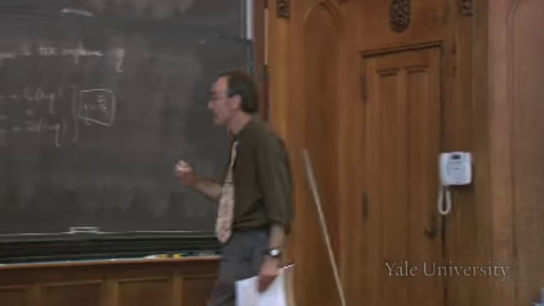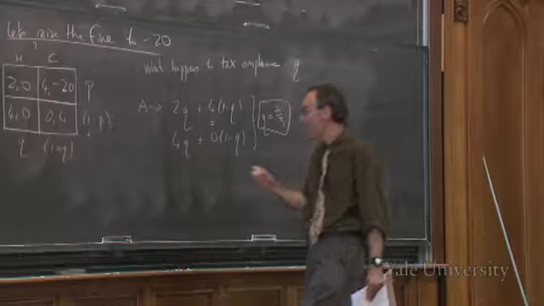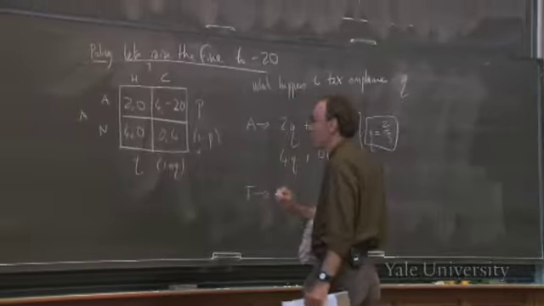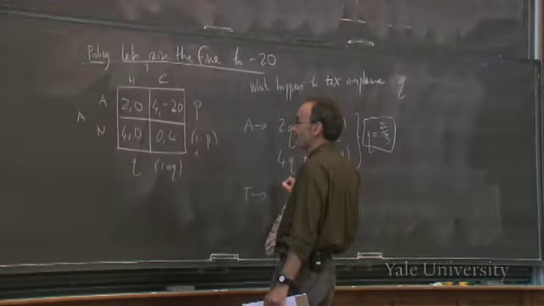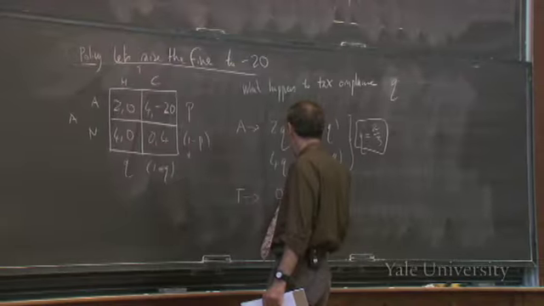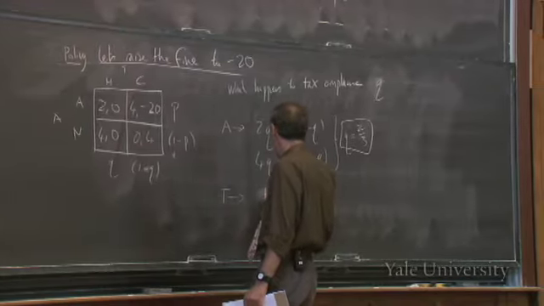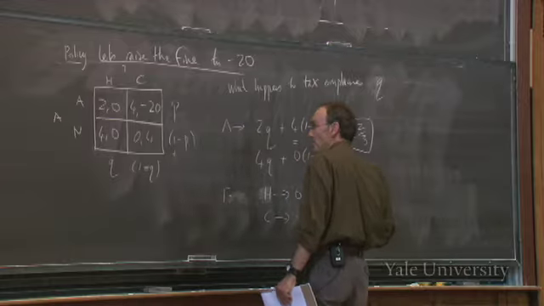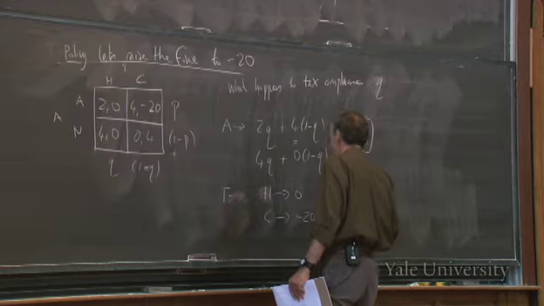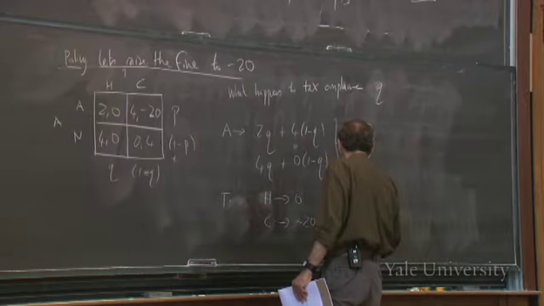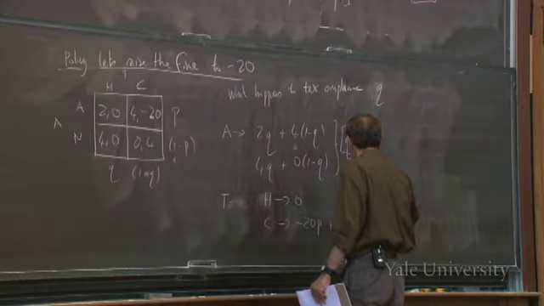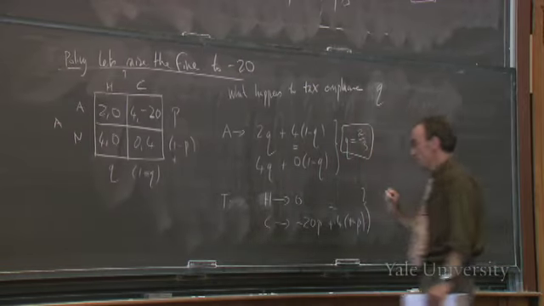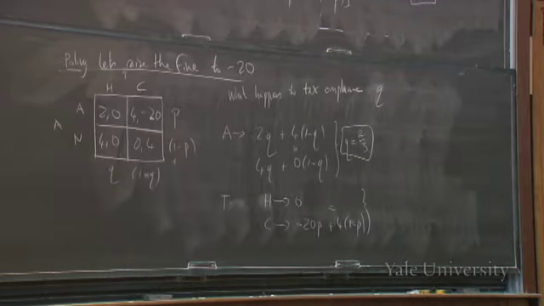All right, let's just check it. To find the new P, I need to look at the taxpayers' payoffs, and the taxpayers' payoffs are now 0 if they pay their taxes honestly, and if they cheat, they get minus 20 with probability P and 4 with probability 1 minus P. If they're mixing, if some of them are paying and some of them not, this must be the same.